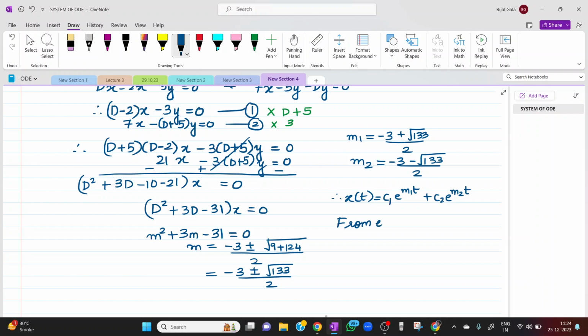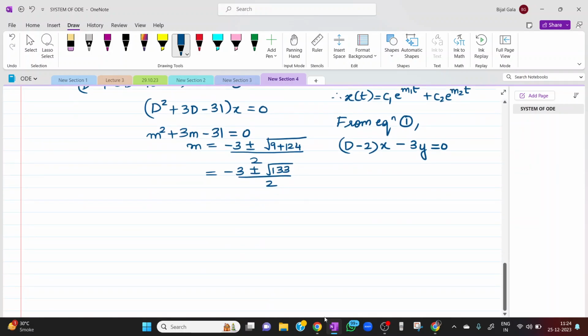Let's see it here. So from equation number 1, I have the operator D minus 2 working on x minus 3y equal to 0. And I can therefore say 3y is equal to D minus 2 operating on x, which is the derivative. The first D will give me the derivative of x and minus 2 will be 2 times x.